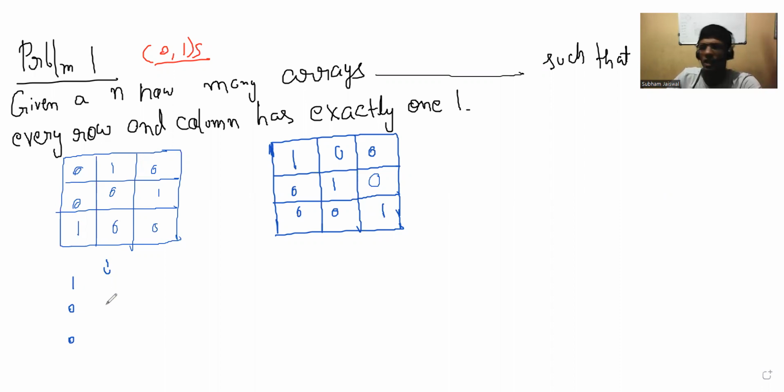Basically you can just say where you're going to put the one. Either you can put the one here or you can put the one here. Everybody sees this, right? If you fix the first column the way we have fixed, the second column has two choices, but then the third column is completely determined. That is another important thing.